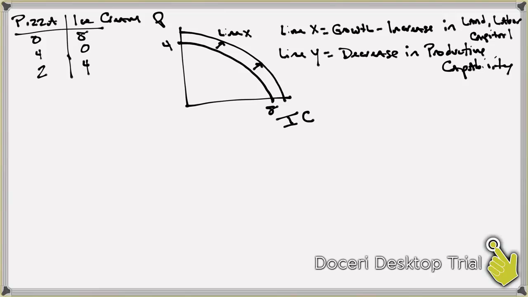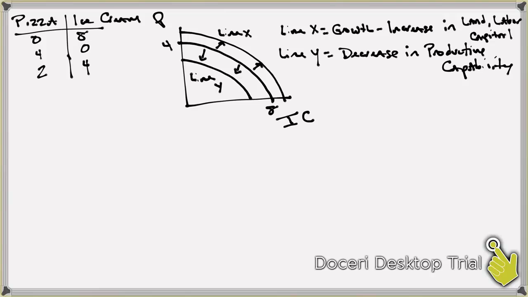And if I was going to draw a line Y on my graph, it's going to be a shift inward or to the left. Something like that, and we'll call that line Y. Okay? So it's important for us to know that our production possibility curve can change as resources change.